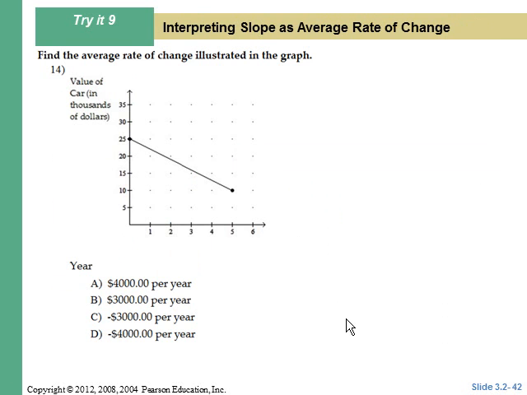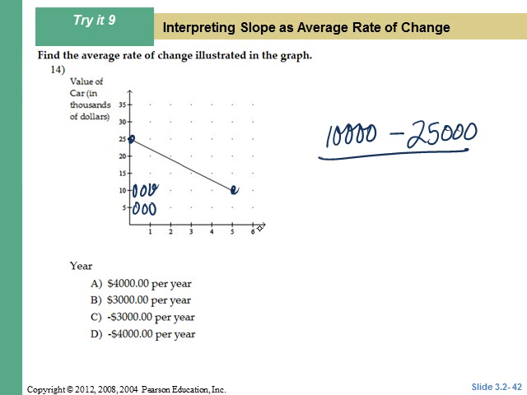All right, you try this one. Now here it says car value in thousands, so you're going to have to add 3 zeros after each one of these. So at 5 years, change in y, it went from 25,000 to 10,000 over 5 minus 0. 10,000 minus 25,000 is negative 15,000.